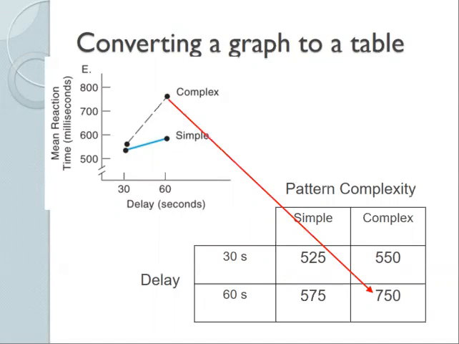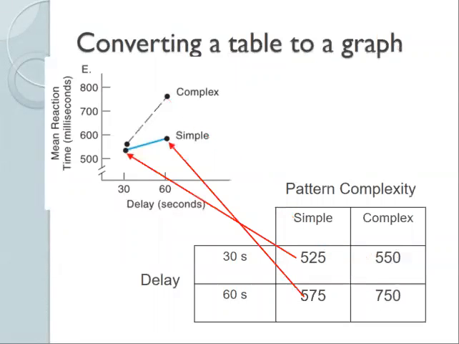Most of the examples I give you will not start out as a line graph. Instead, you'll have the data in the table and you'll need to convert it to a line graph. So you just do the opposite. Do it the same way, just going in the reverse. Determine which independent variable will be on the graph and which will be represented by a different line.